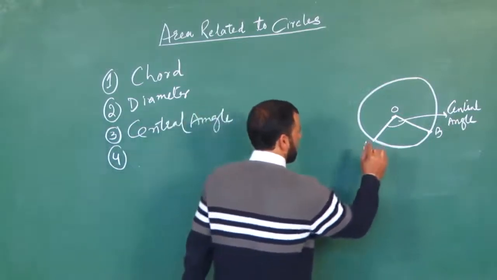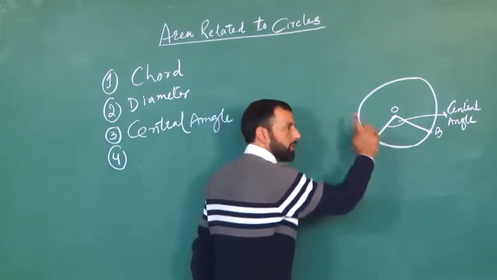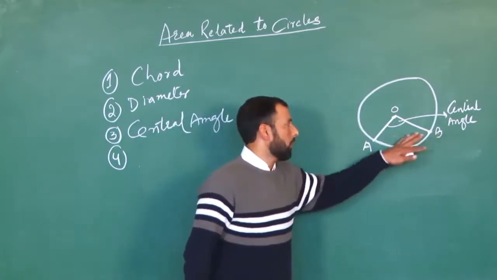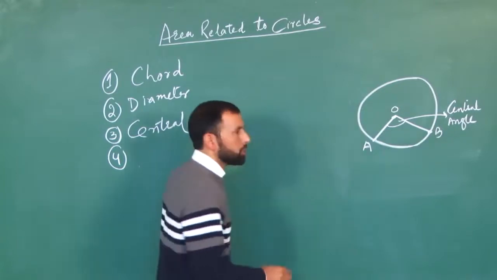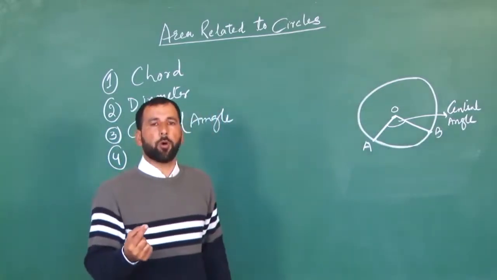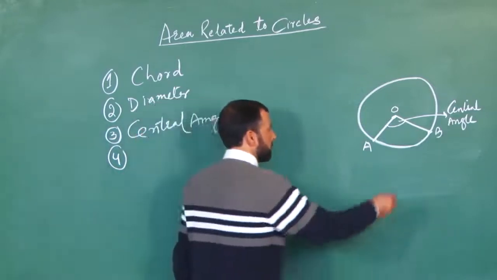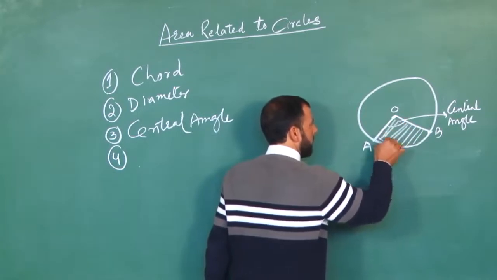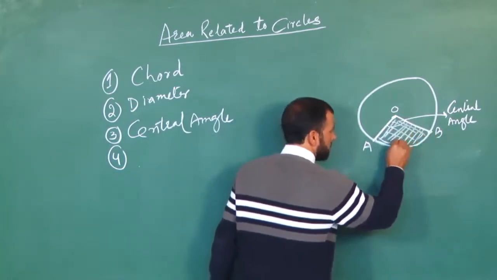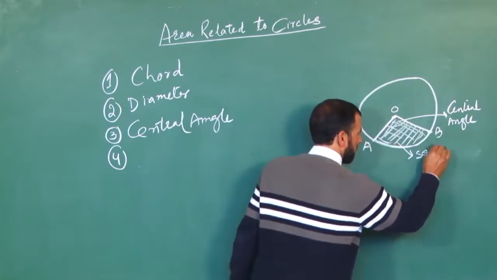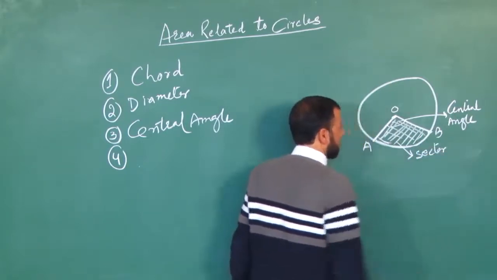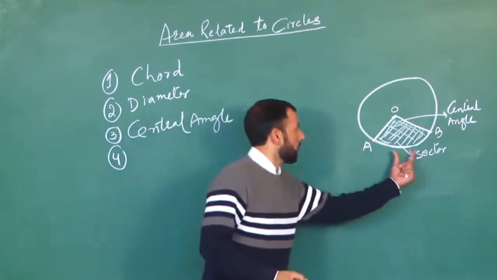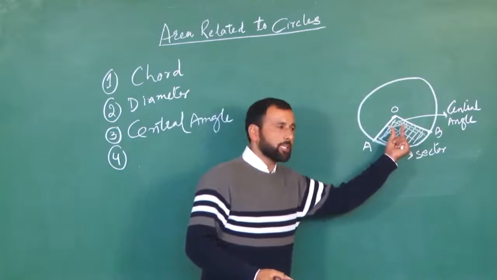If we take the same circle, O is the center of this circle, and A and B are two points on the circumference of the circle. The region between two radii and the corresponding arc, which we shade, this one, is said to be the sector of a circle.